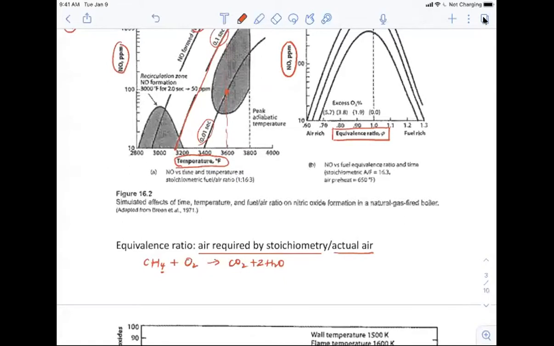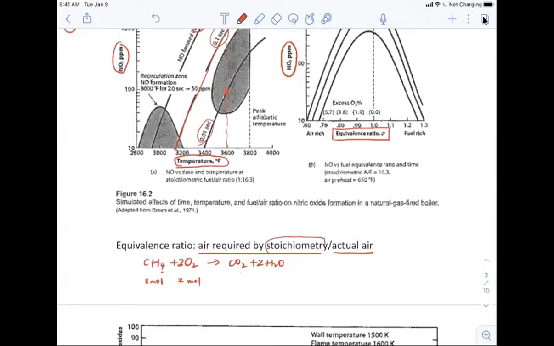Okay, and if you further count the oxygen number, right, you need 2 oxygen on the left. Okay, so basically, if you have 1 mole of the methane, right, you're going to need 2 mole of oxygen. Okay, so this is required by stoichiometry.